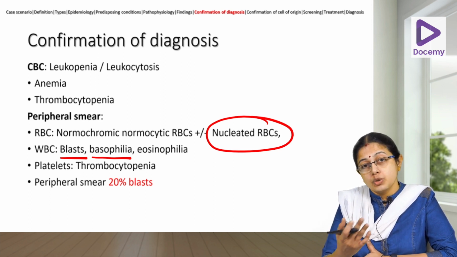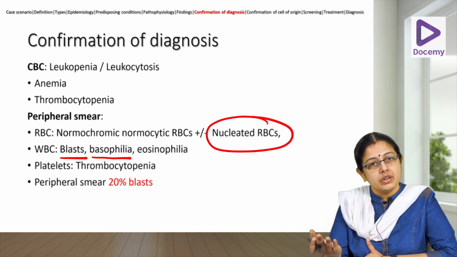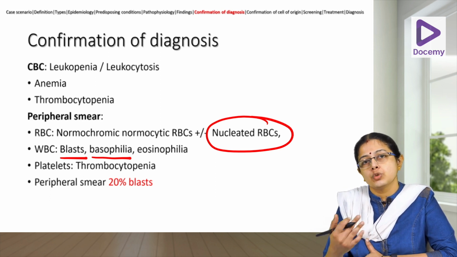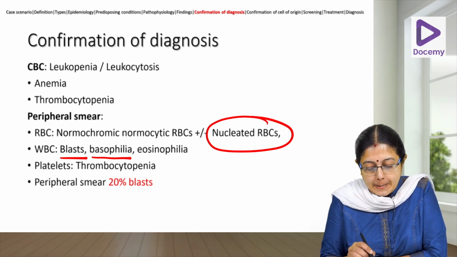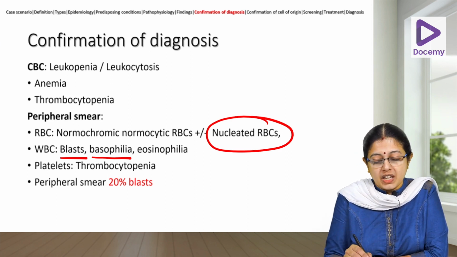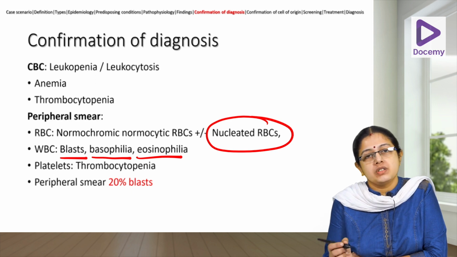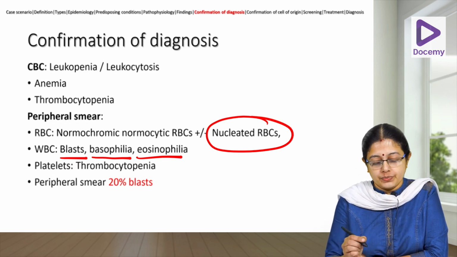This patient could be having chronic myeloid leukemia or some other kind of bone marrow issue. So, basophils should alert us. Eosinophilia may be a presentation of lymphoblastic leukemia also.